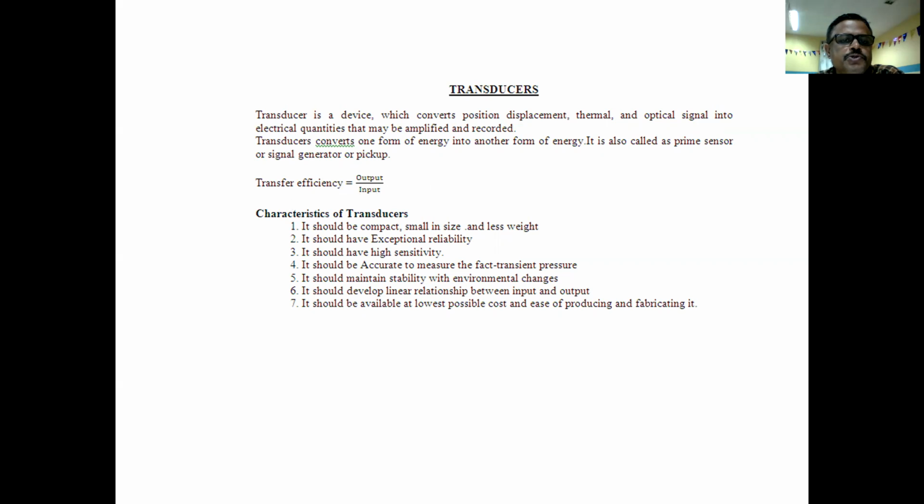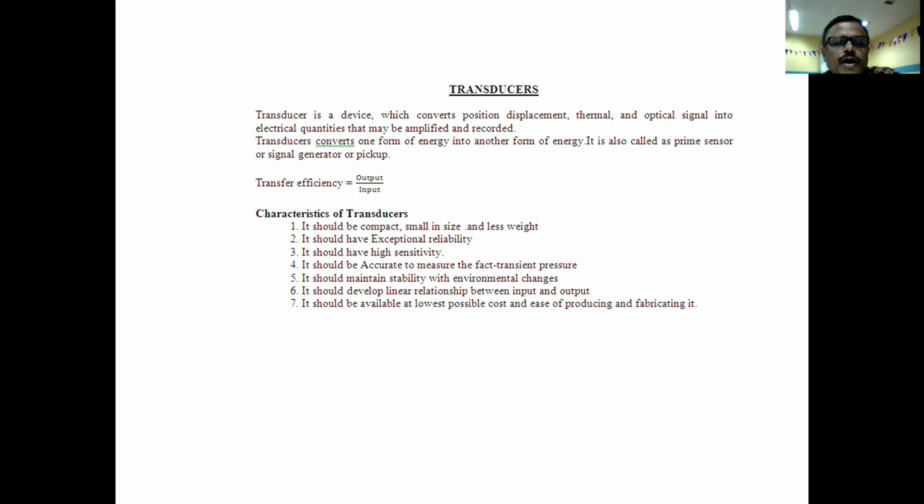So when we are choosing the transducers, what are the characteristics we should expect from a good transducer? The transducer should be compact in size and less in weight. It should have very good reliability.